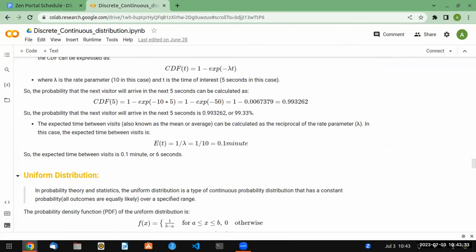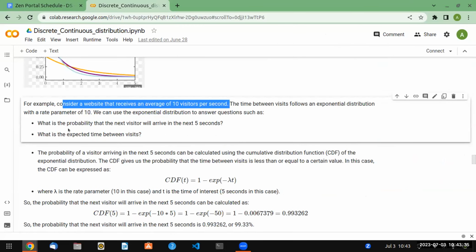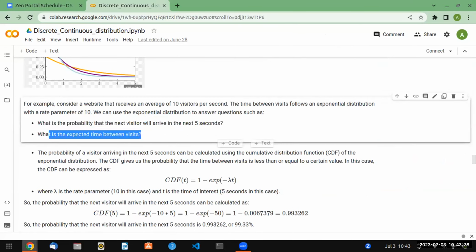And what is the next question? What is the expected time between visits? What does this mean, guys? Expected time means, you recollect, expectation, that means average or mean. Someone is asking about the mean. What is the mean of an exponential distribution? 1 by lambda.